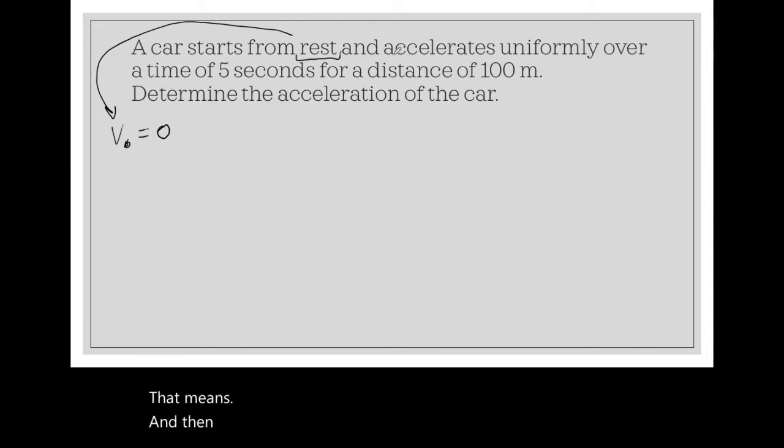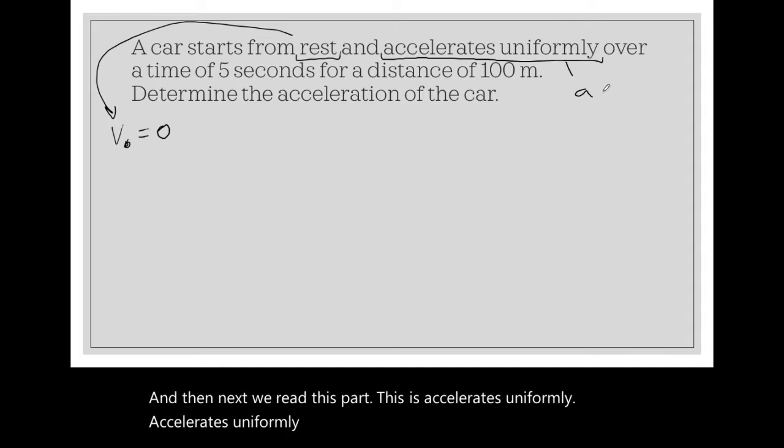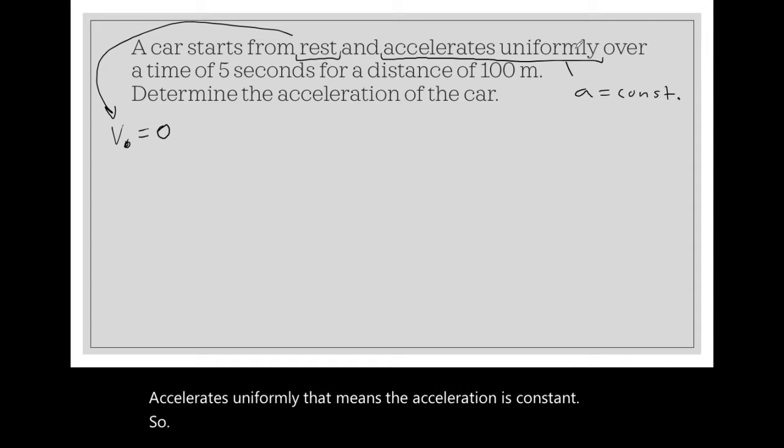And then next we read this part that says accelerates uniformly. That means the acceleration is constant. So we say, okay, a constant acceleration, boom, I can use these kinematic equations.